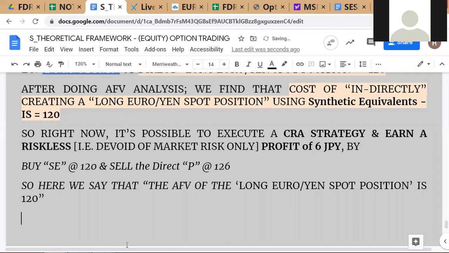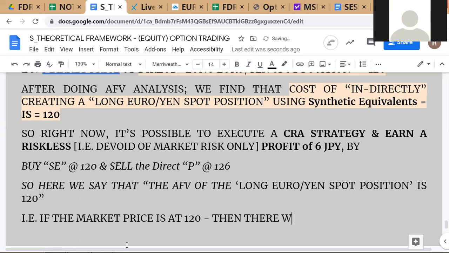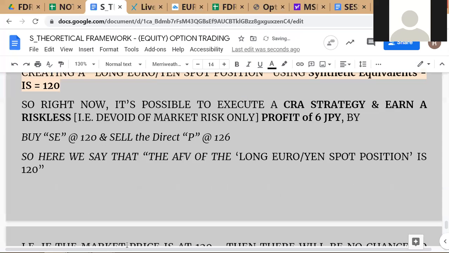If, i.e., if the market price had been, or is at 120, then there will be no chance to make any profit.